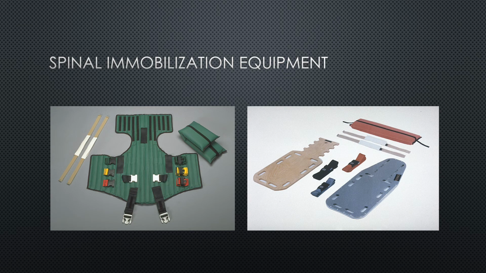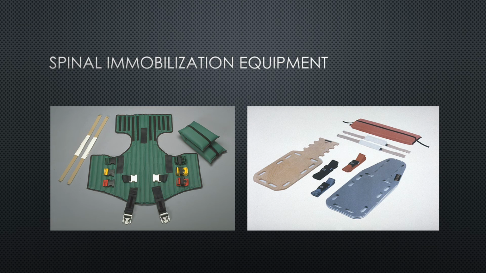In this slide, the image on your left is known as the KED, Kendrick Extrication Device. It is a half backboard with the securing straps already integrated into the device. It comes with 2 chin straps and some padding to fill in the void behind the patient's head and the device.